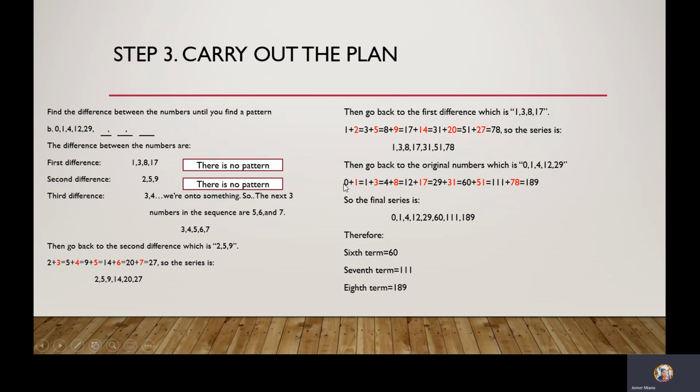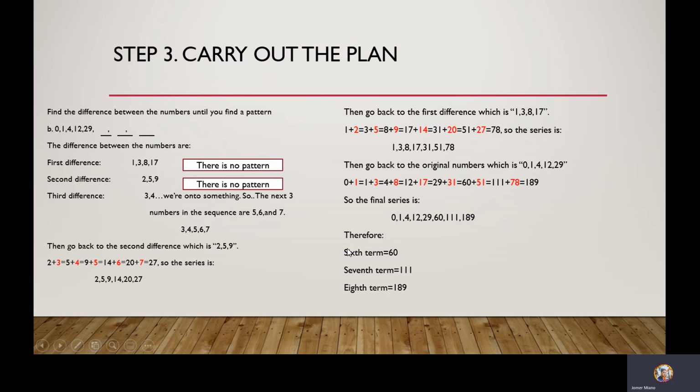So, 0 plus 1 is equal to 1 plus 3 is equal to 4 plus 8 is equal to 12 plus 17 is equal to 29 plus 31 is equal to 60 plus 51 is equal to 111 plus 78 is equal to 189. So, dito is nabuo na natin yung final na series.